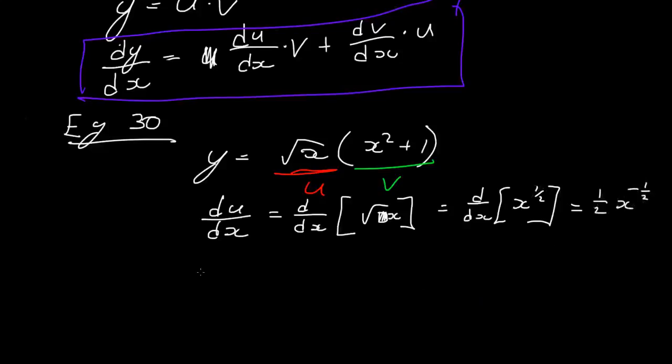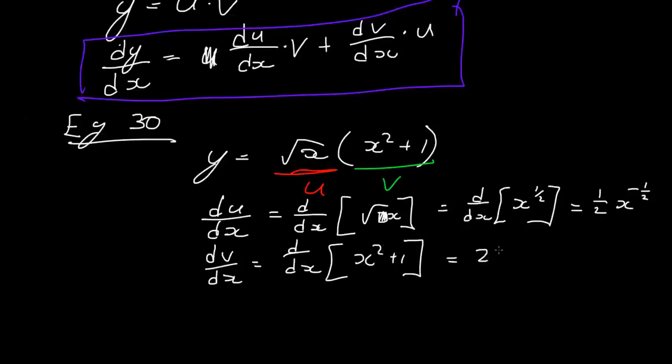Okay, and then dv by dx equals d by dx of x squared plus 1. This is also a polynomial function. Take the 2 down to the front, write down our x, reduce the power by 1, and the derivative of a constant is 0, so it's 2x.